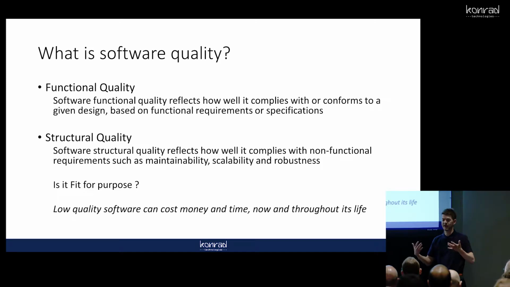Structural quality talks about the structure of the software, its robustness, its scalability, its ability to operate in different environments. Basically, we're saying, is a piece of software fit for purpose? Low quality software costs money and time now and throughout its life, okay? That's the bit for the managers.